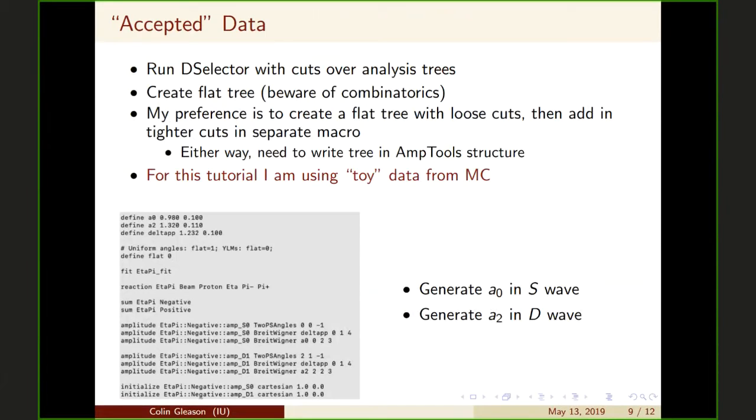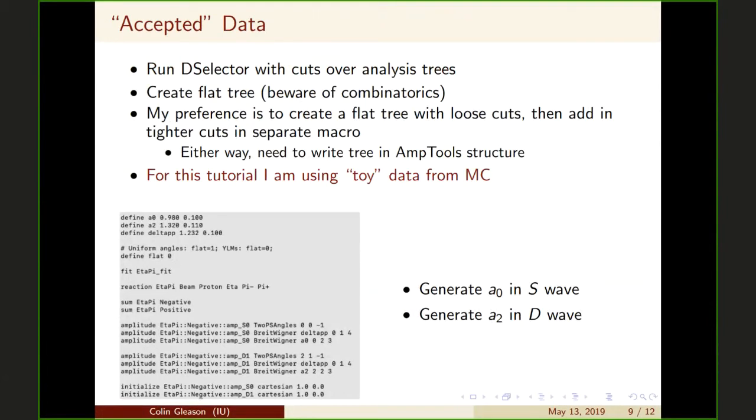What Colin does for this tutorial is he generates fake data by using AmpTools to generate some physics. Here is the configuration file used to generate it. Remember, there was an a0 and an S wave, that's a0(980), and an a2(1320) and a D wave. How you specify what those resonances are is given by this little incantation here.